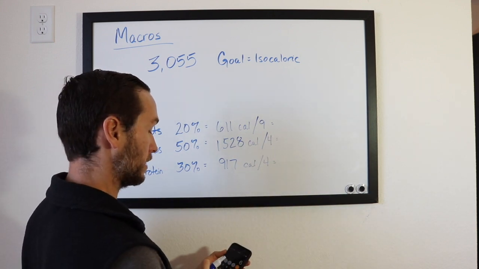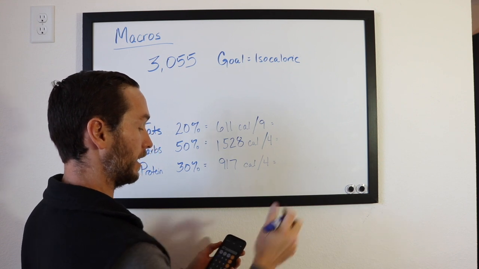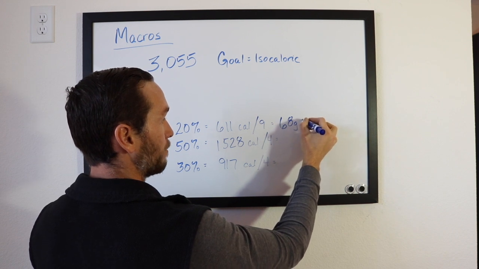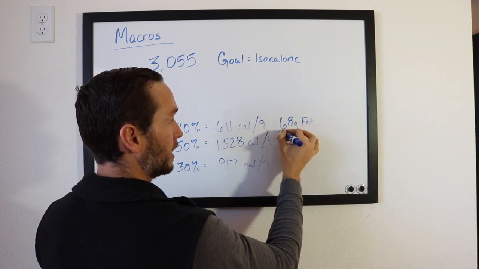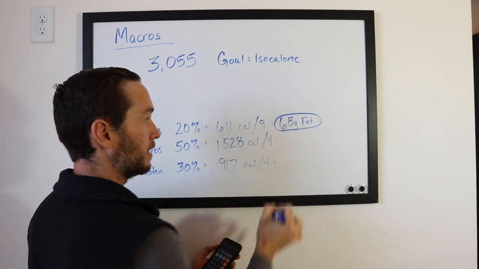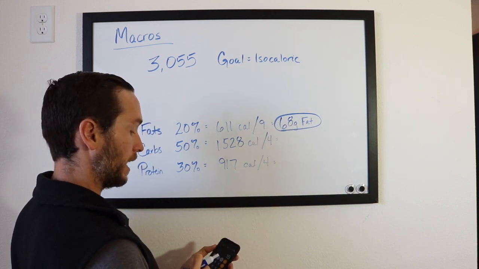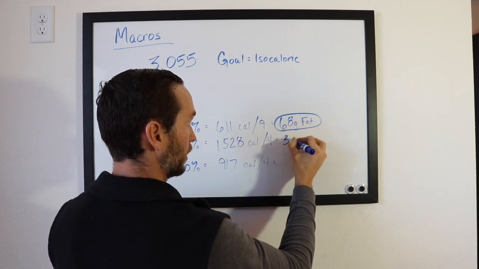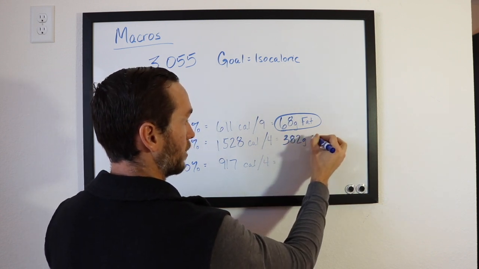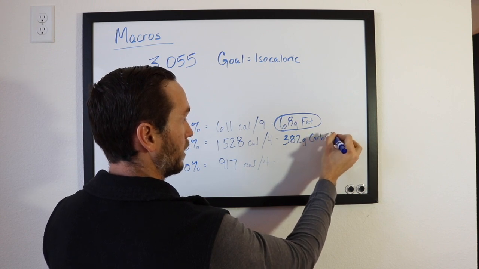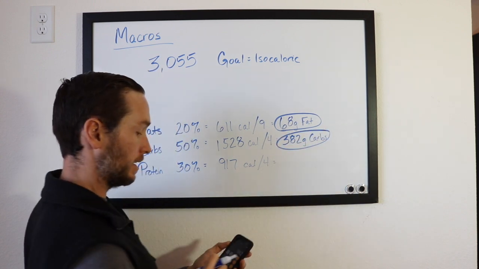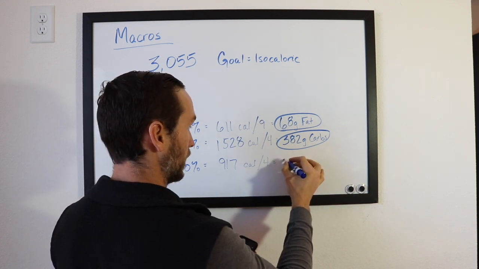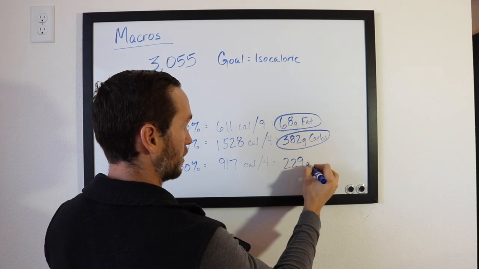So I'm going to take 611 and divide it by 9, and that gives me, rounding up, 68 grams of fat per day as my goal. This is a macro number. Then 1,528 divided by 4 gives me 382 grams of carbohydrate. That is my macro number there. And 917 divided by 4 equals 229 grams of protein.